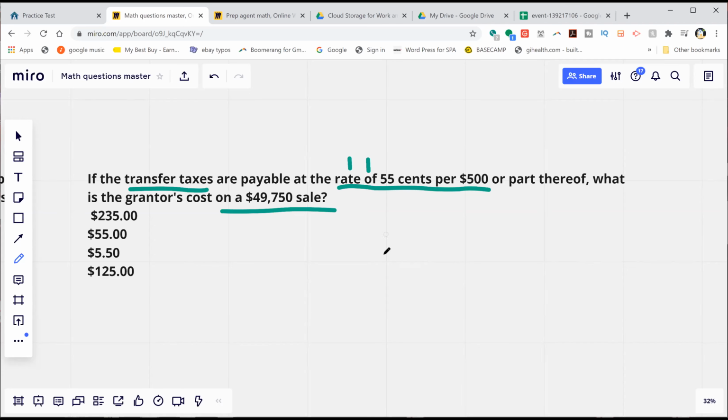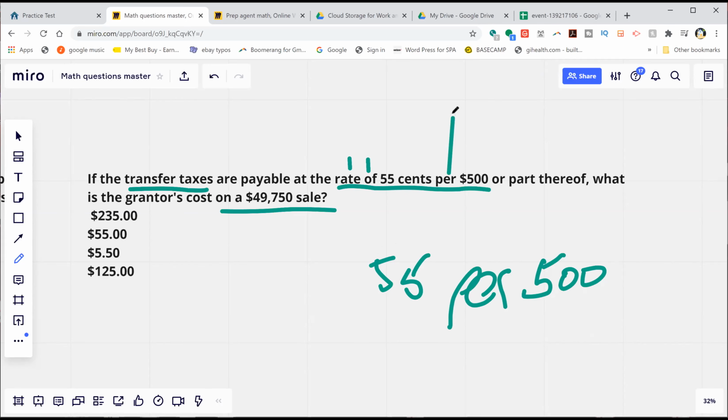So when I see at a rate of 55 cents per 500, I treat the per as a division symbol, okay? You guys might have a different way of doing this, but I always treat per as a division symbol.